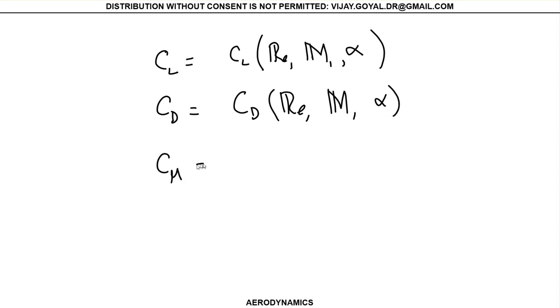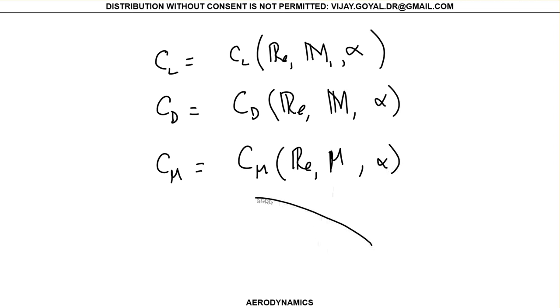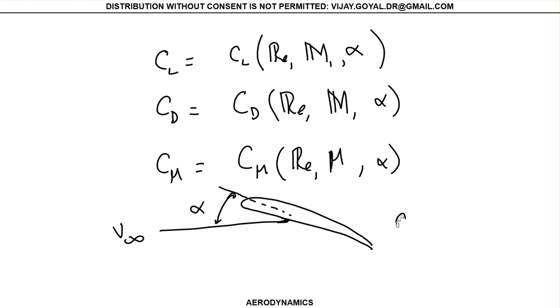And your moment is going to be a function of the Reynolds number, the Mach number, and the angle of attack. If you're wondering, the angle of attack is the angle at which my speed is hitting my aircraft, with my airfoil. This angle right here is called the angle of attack.